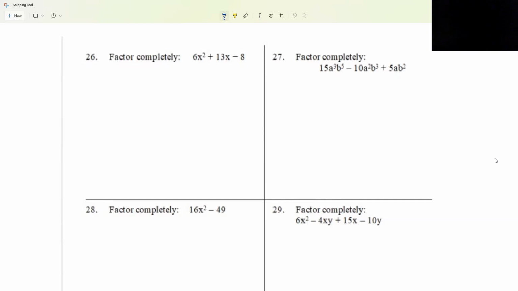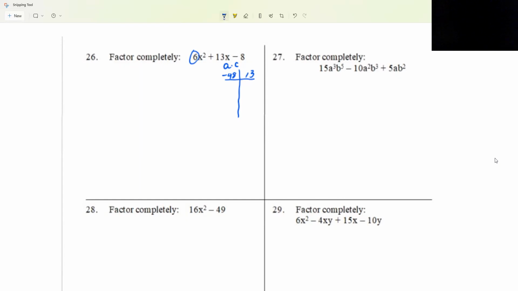So there's not a common factor here. I got 3 terms, but this is not a perfect square, so I'm going to have to AC the thing. So you make your table. A times C is going to be negative 48, and your middle term is 13. So I'm looking for 2 numbers that multiply to 48 and whose difference is 13.